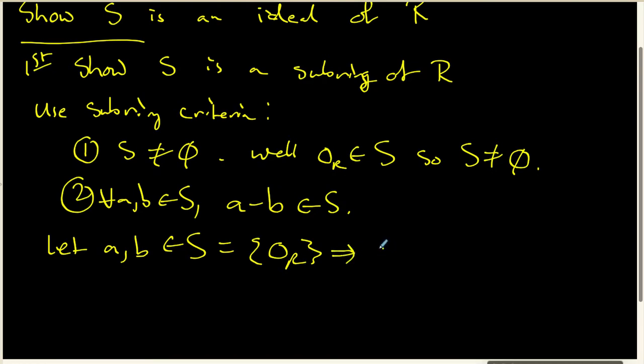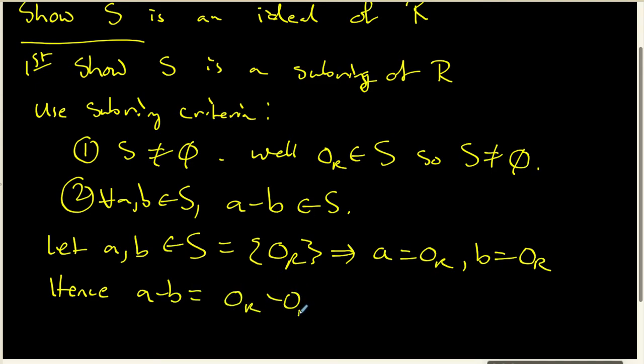So that tells me that A is equal to 0 and B is also equal to 0. Hence, A minus B is just 0 minus 0, which is equal to 0 in any ring, and hence A minus B belongs to my set S.